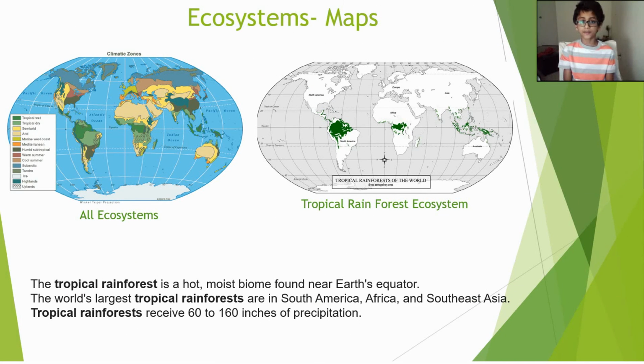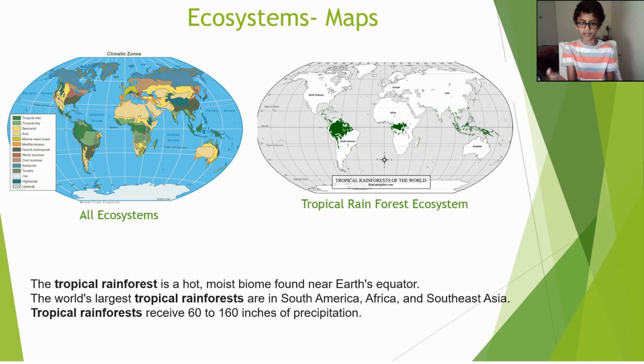So since we have talked about the macaw, we're going to move on to its ecosystem and where it lives. So here I have 2 maps, all ecosystems and the tropical rainforest ecosystem. In the all ecosystems map, you can see in the key, the first word says tropical rainforest, tropical wet. This is in dark green, and dark green on the map is right through the equator.